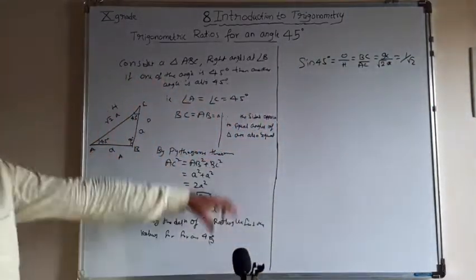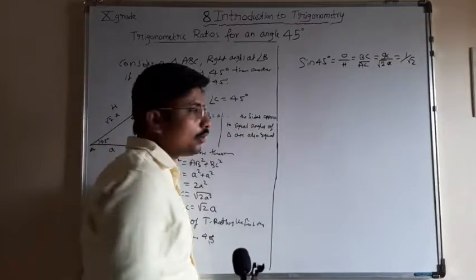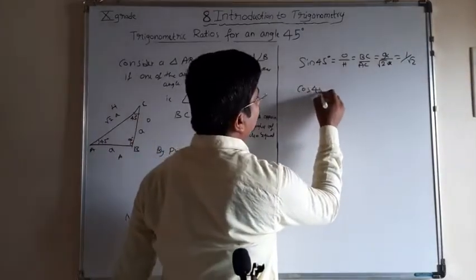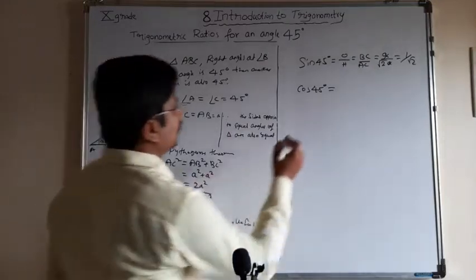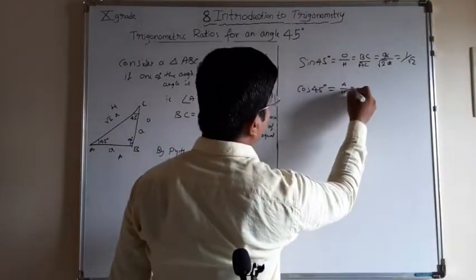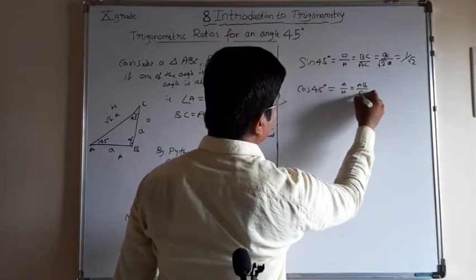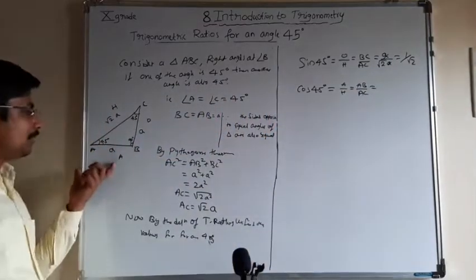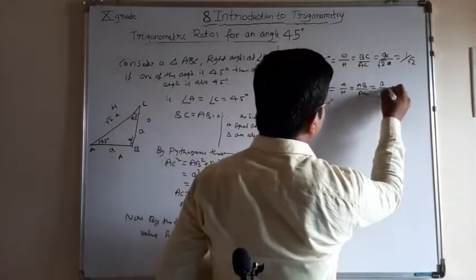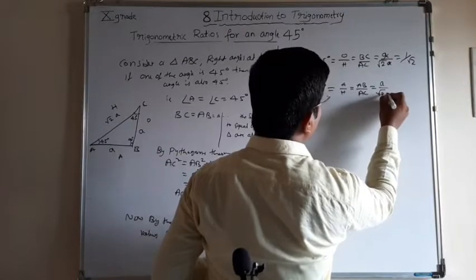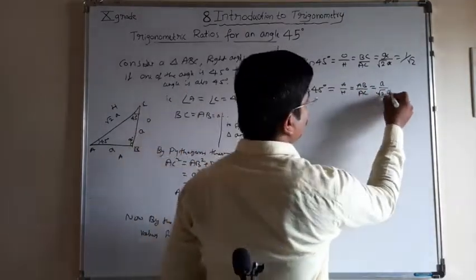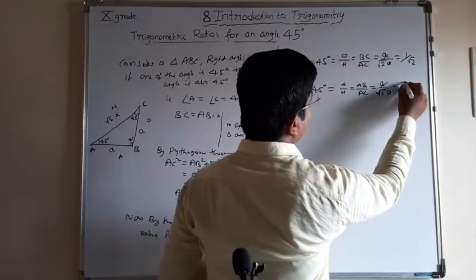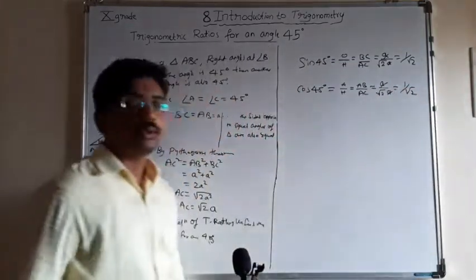Therefore sin 45 degree is equal to 1 upon root 2. Cos 45 degree is adjacent side divided by hypotenuse, that is AB divided by AC. AB's value is a divided by root 2 a, so cos 45 degree is also equal to 1 upon root 2.